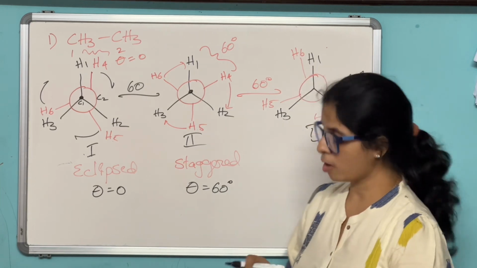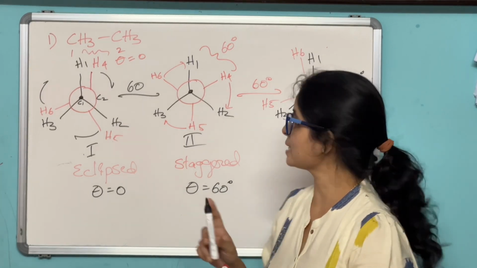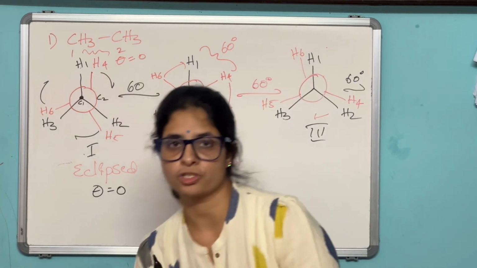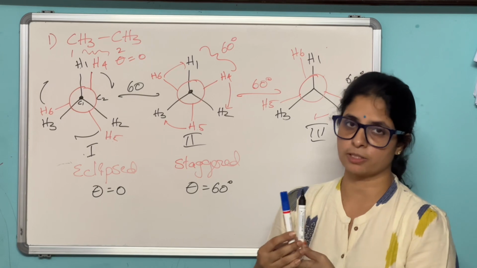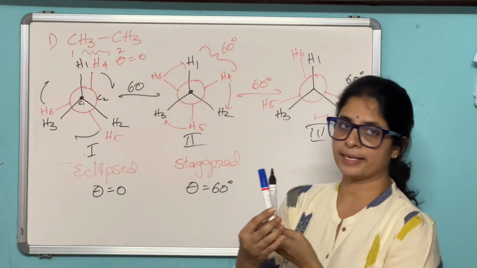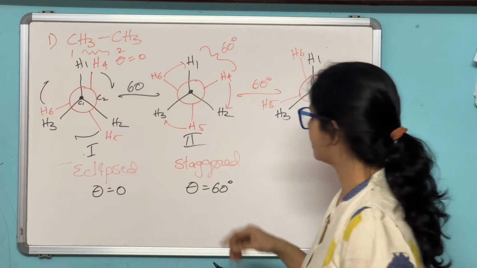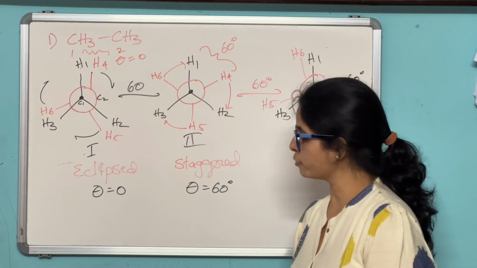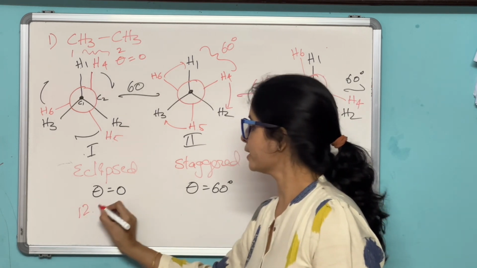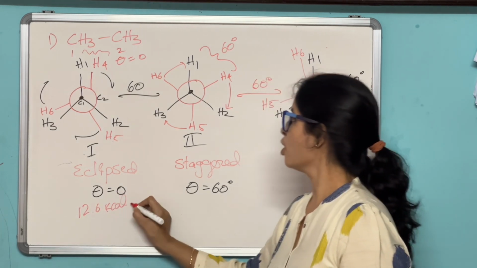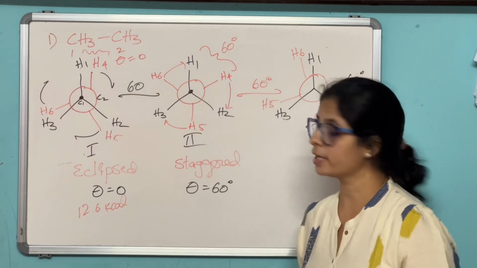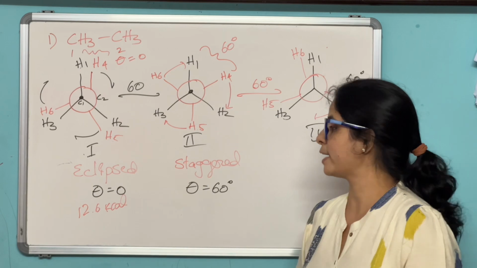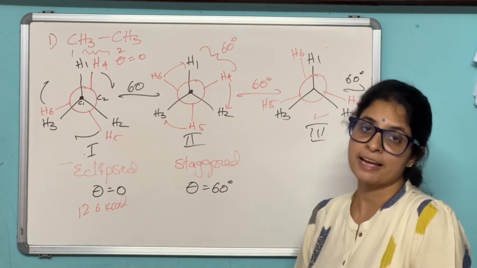And here, because of the spatial arrangement, hydrogen 1 and hydrogen 2 are spatially closer to each other, because here the dihedral angle is 0 and here the dihedral angle is 60. Experimentally it was evident that the eclipsed form has 12.6 kilocalories more energy than the staggered form.